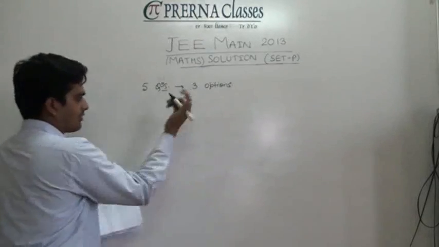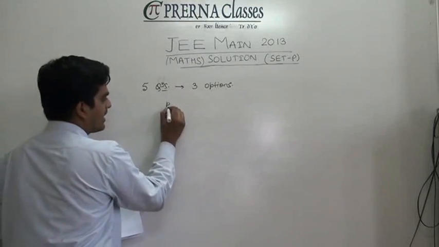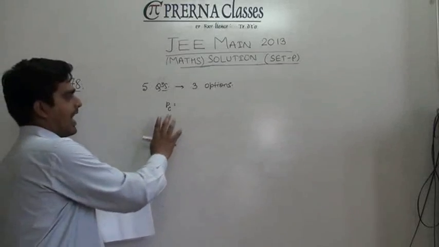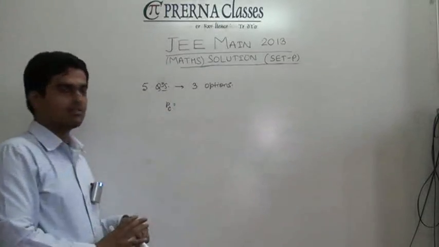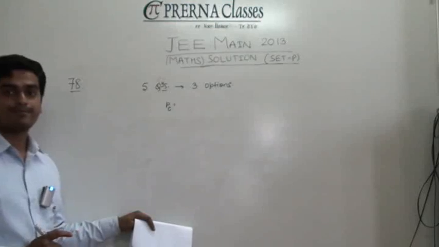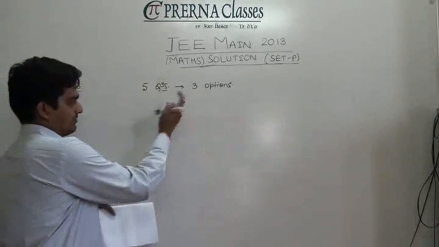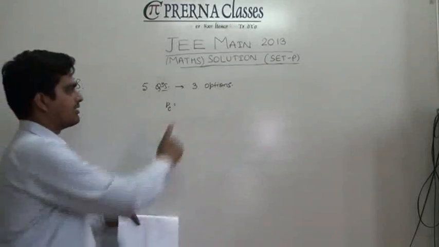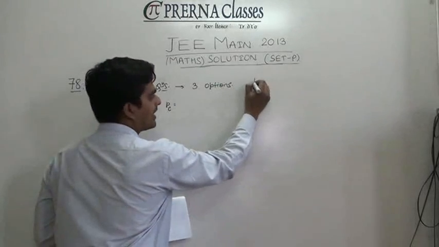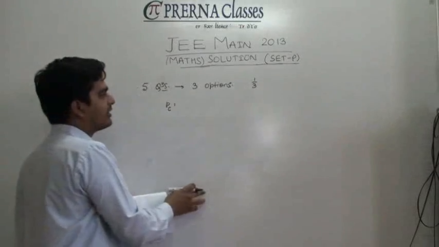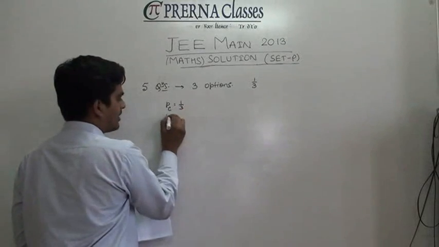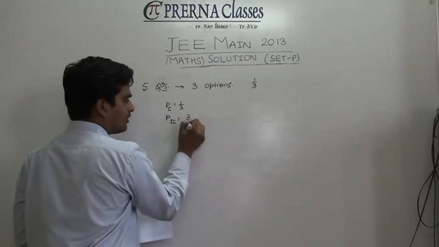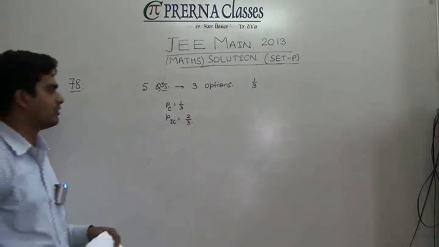Since we have 3 options, one thing you can clearly check is that if someone is guessing that question and is going to get the correct answer, the probability of marking it correct is going to be 1/3, but if the answer is incorrect, then the probability of marking it incorrect is 2/3.